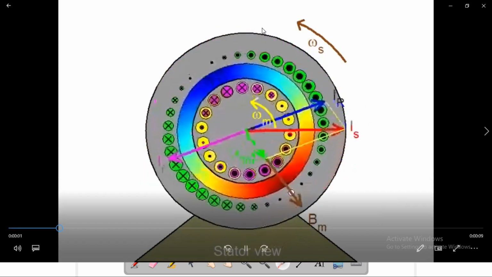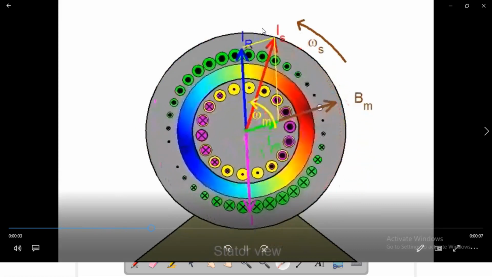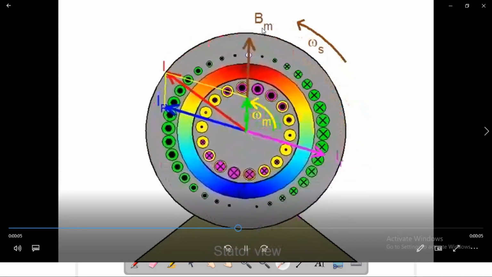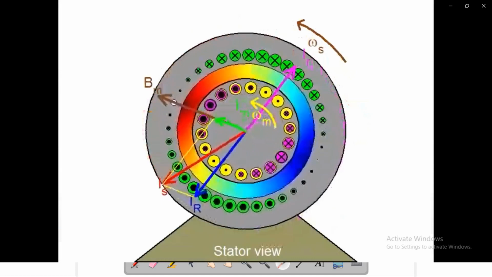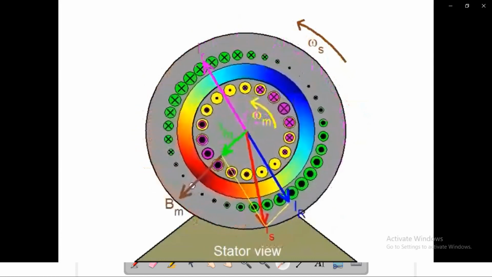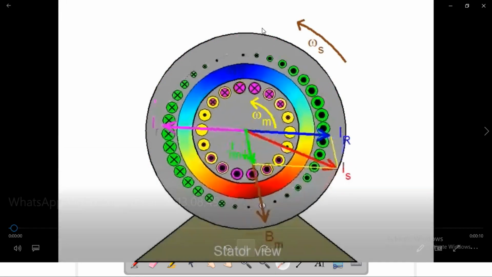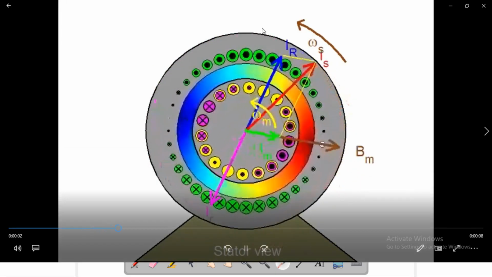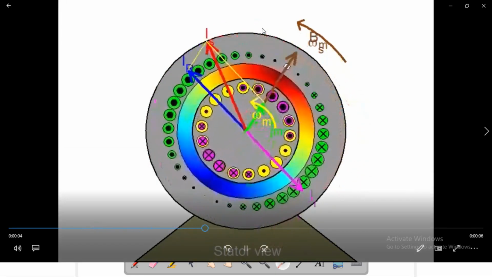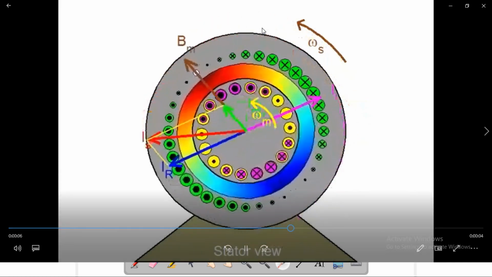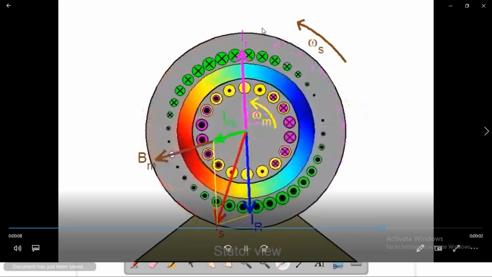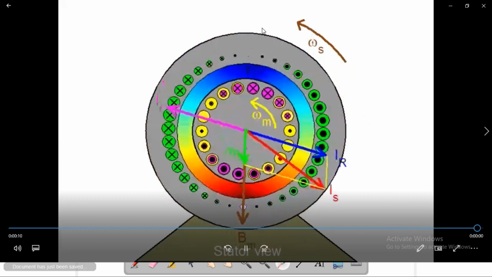And see, this is the stator current. The stator current is the resultant of the rotor current and magnetizing current. So this is the way of torque production in any induction motor.